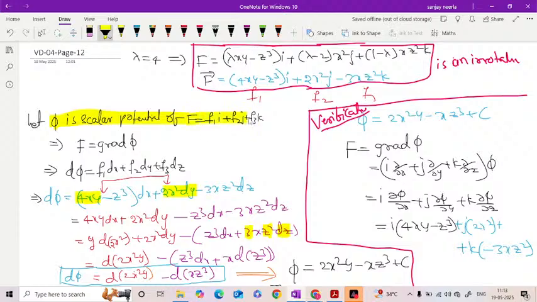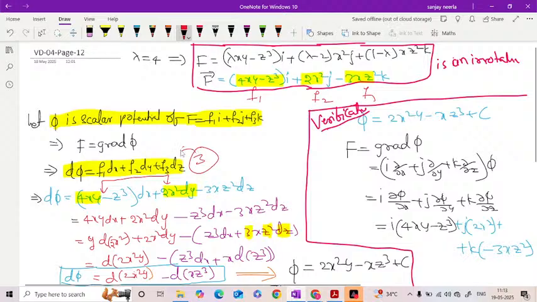Here I am assuming f equals f1 I plus f2 j plus f3 k. So this is f1, this is f2, and this is f3. Scalar potential field means f is equal to the gradient of pi. According to the previous property, property number 3, d pi is equal to f1 dx plus f2 dy plus f3 dz.